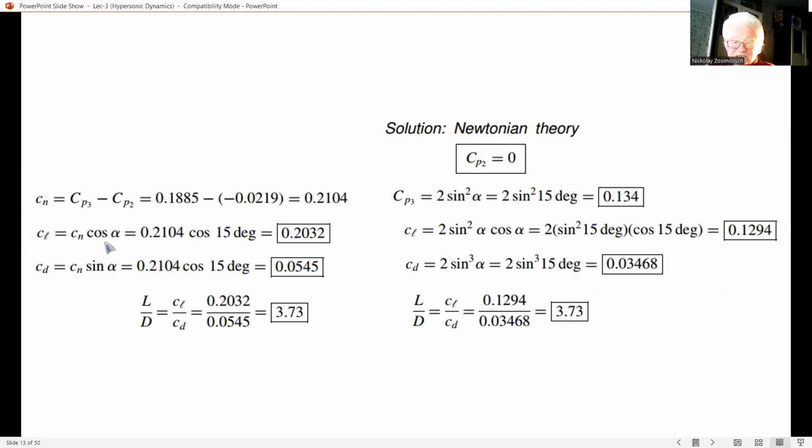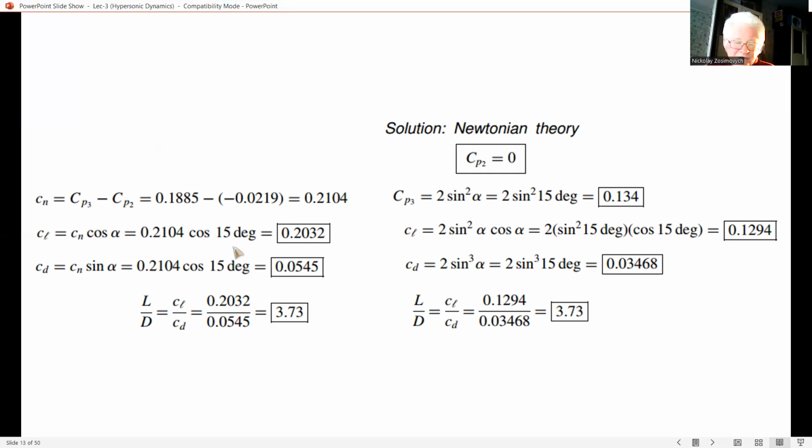Okay. Next we can write CL as Cn cosine alpha, which gives us the numeric value here. And from the next equation for CD, we rewrite it as Cn sine alpha, and that gives us the expression for the exact solution here.